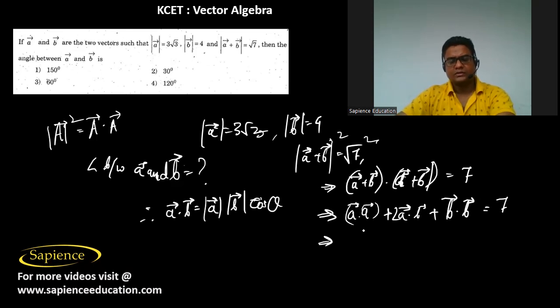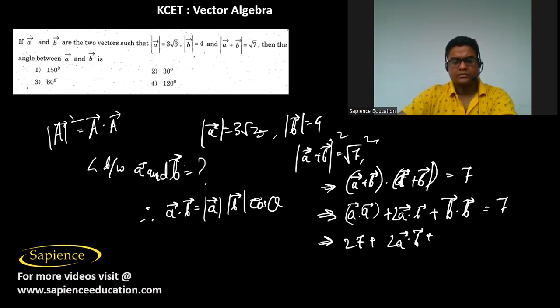So therefore a dot a, that is equal to mod a square, it will be 3 root 3 square, which is 27. Plus 2 a dot b plus b dot b. That will be mod b square, which is 16. That is equal to 7.